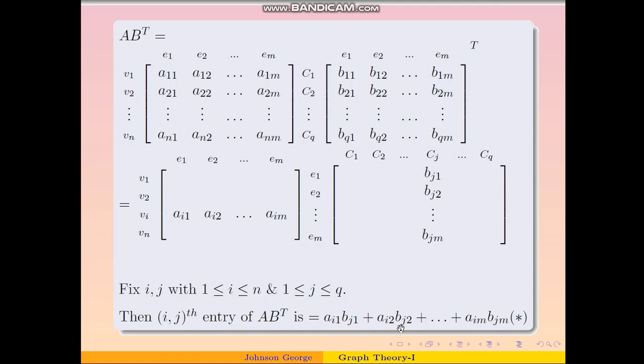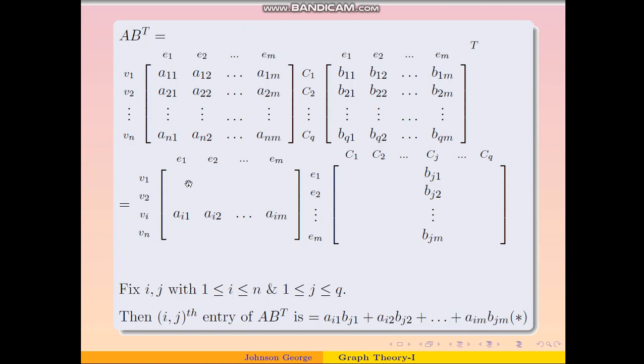If I consider the second term, then if E2 is incident on Vi and the same E2 is in the Cj cycle, then the second term is non-zero. So the same is true for every term.